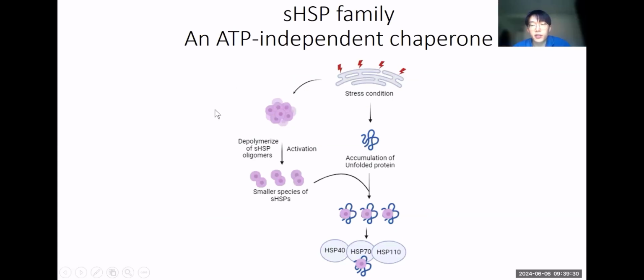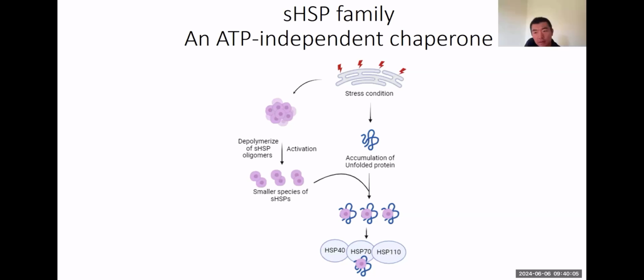This is the unactivated form. Under stress condition, they disassemble and bind to the accumulated misfolded, unfolded proteins, and hold the proteins to prevent aggregation. So in their functional state they act alone, and in their inactive state they bind together. This is what I know.